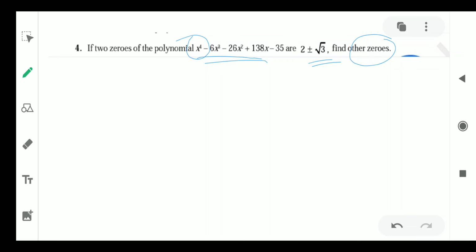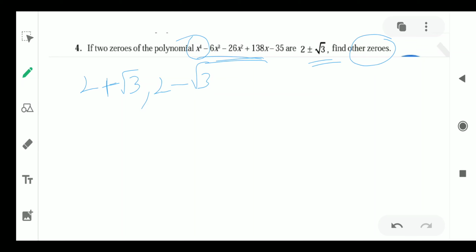Now the given polynomial is x power 4 minus 6x cube minus 26x square plus 138x minus 35. What roots are given? 2 plus root 3 is one root, another root is 2 minus root 3.